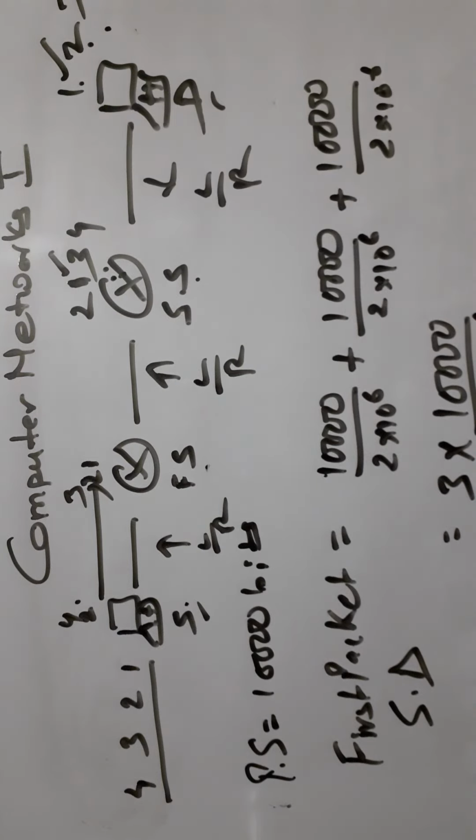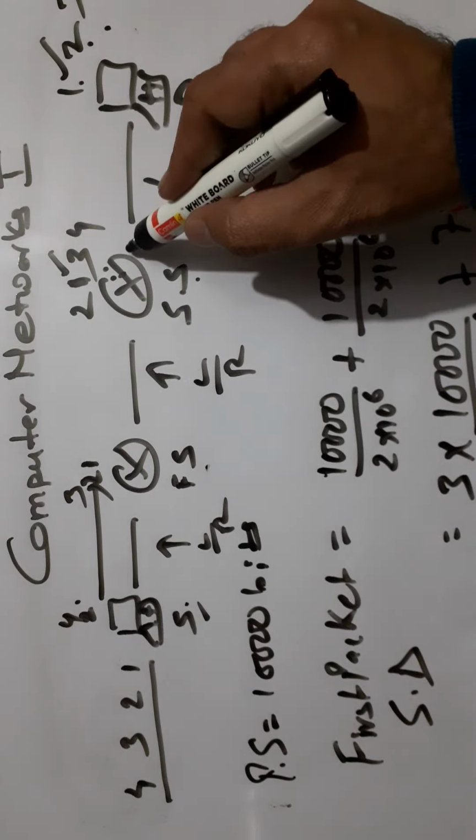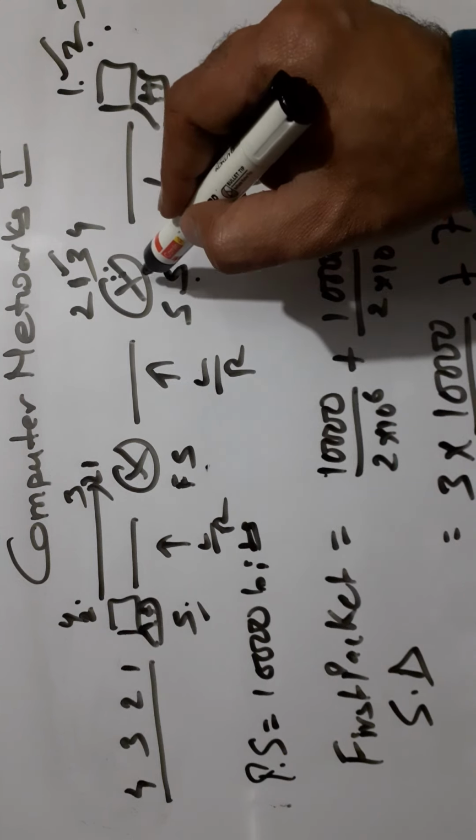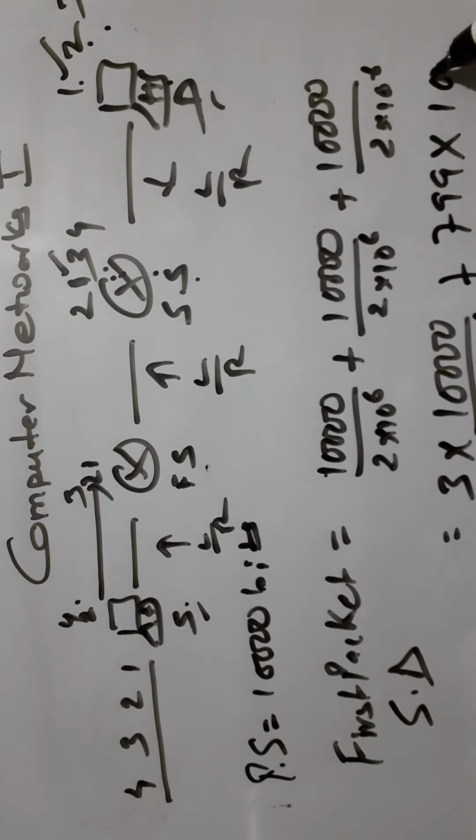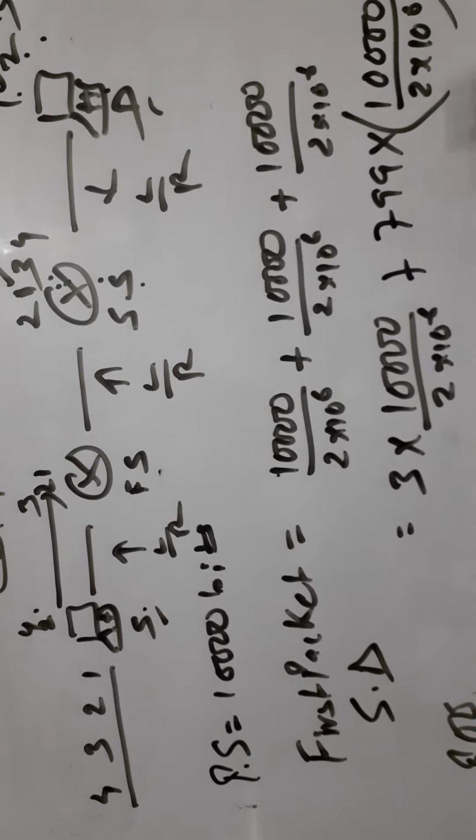It means the rest of all other packets, which are 799, take time from the second switch to the destination. So it would be around 10,000 into 10 to the power 6. This much is the time required by the first packet to reach from source to destination.